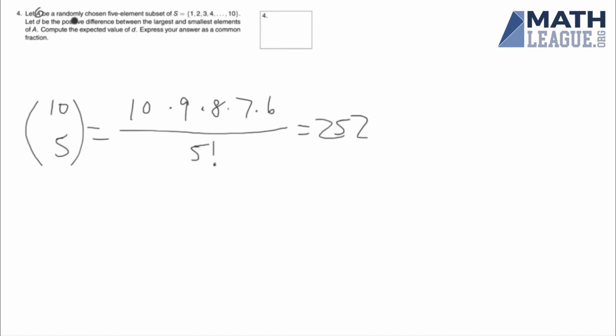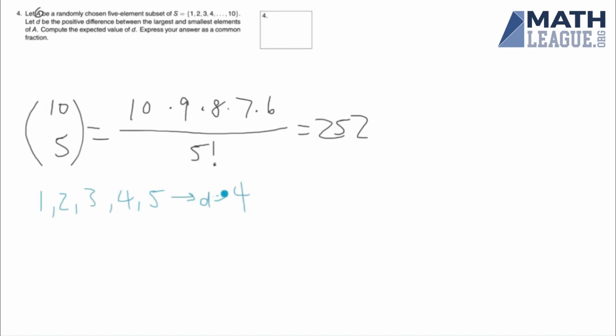Now, we want to compute the expected positive difference between the largest and smallest elements of A. Well, what are the possible values for D, this difference? Let's say that we have the set 1, 2, 3, 4, 5. If we have that set, then that gives us D equals 4.